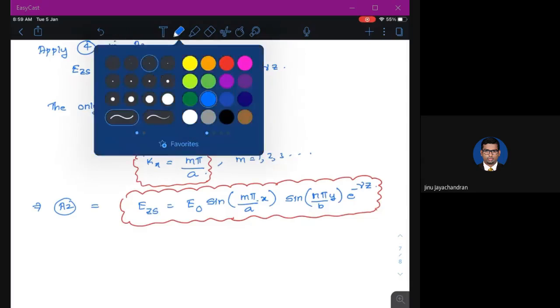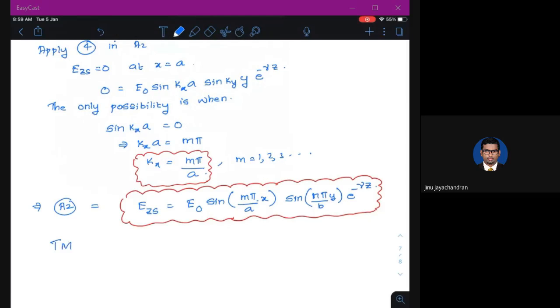Remember that we are using a transverse magnetic wave, and for a transverse magnetic wave, HZS is equal to 0. This you should keep in mind.